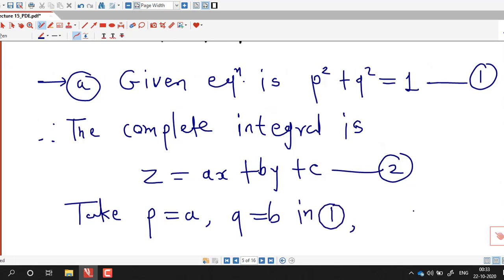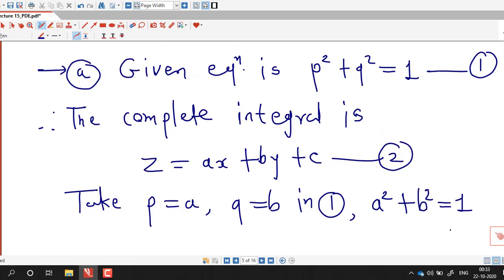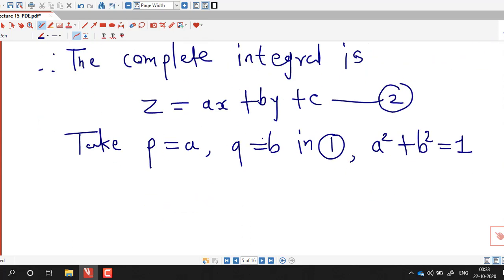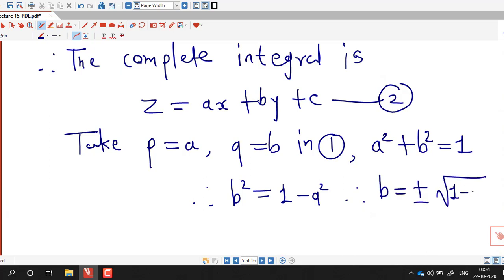In 1 we have a square plus b square equal to 1. So from this we can write either a in terms of b or b in terms of a. So b square is 1 minus a square, and therefore b is plus or minus square root of 1 minus a square.